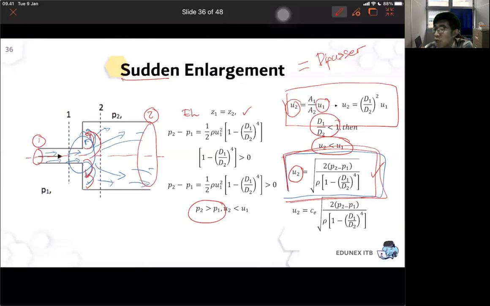How to correlate the flow pattern from the ideal into the non-ideal calculation? Actually, we use this fitting constant.